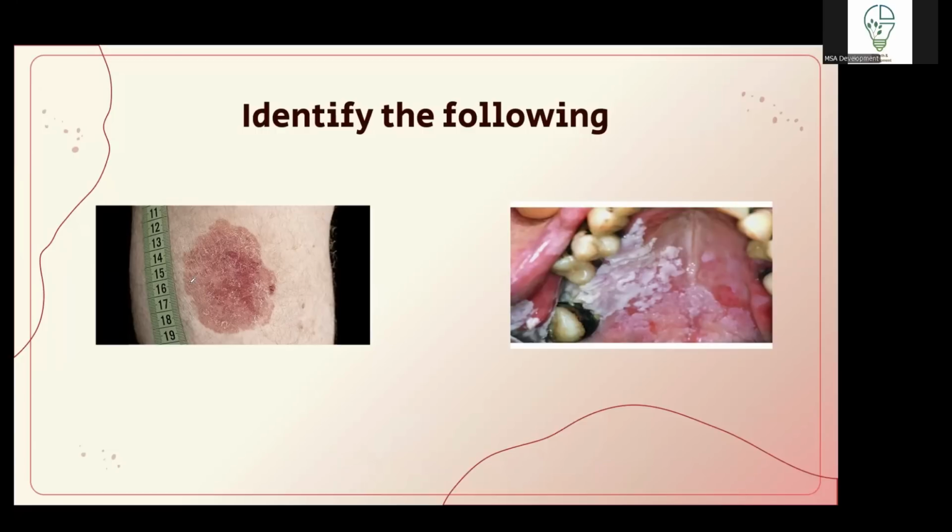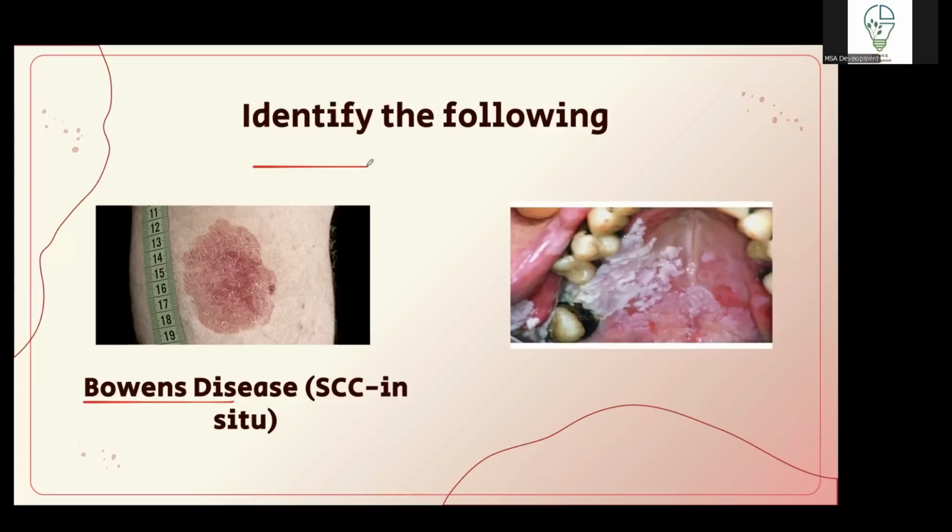Do you guys know? Bowen's disease. Okay? Excellent. Bowen's disease is squamous cell carcinoma in situ. What does in situ mean? It did not invade what? The basement membrane. If it invades the basement membrane, this is full-blown squamous cell carcinoma.